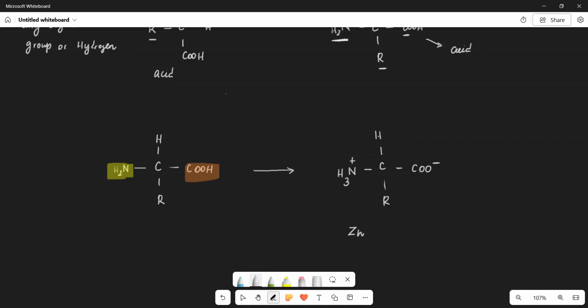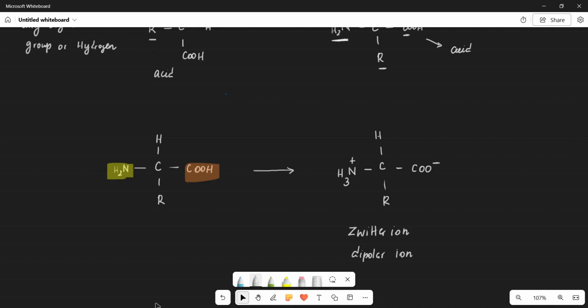So this is known as a zwitterion. Zwitterion means it has 2 charges, one positive and the other negative. So there are 2 charges in an ion, that's why it's known as a zwitterion. It's also known as a dipolar ion.